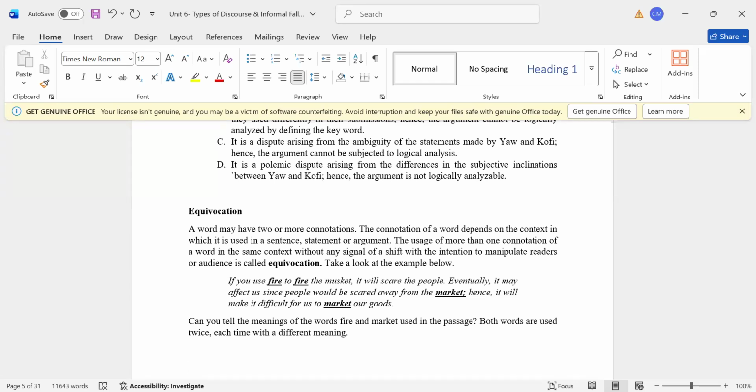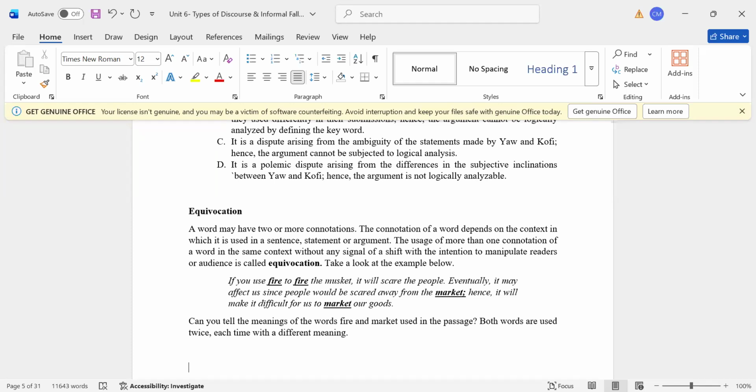So if I say, if you use fire to fire the matchstick, that is an equivocation. The first meaning of the word fire is different from the second meaning of the word fire. And then you come to the market. Eventually, it may affect us since people will be scared away from the market. Hence, it will make it difficult for us to market our goods.